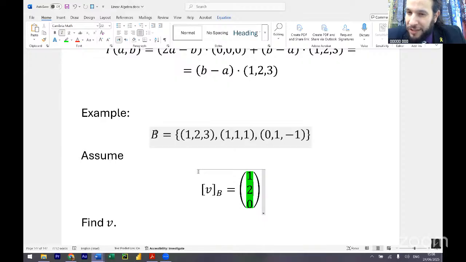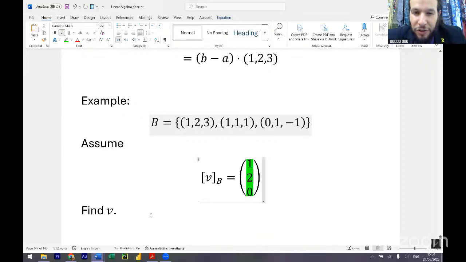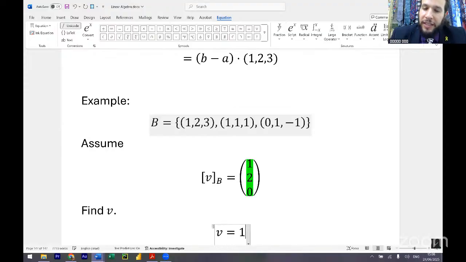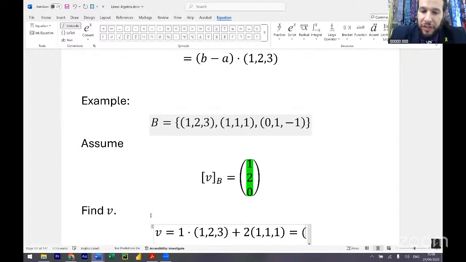In Hebrew, it's a bit more succinct. You multiply in the basis elements. In any case, these are the coefficients of the bases. So v is 1 times (1, 2, 3) plus 2 times (1, 1, 1), which is altogether (3, 4, 5).